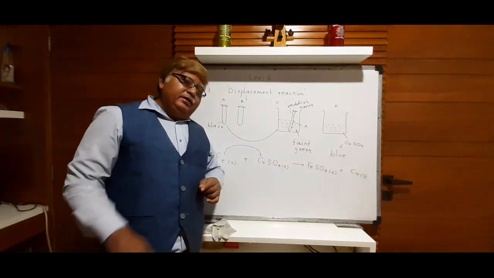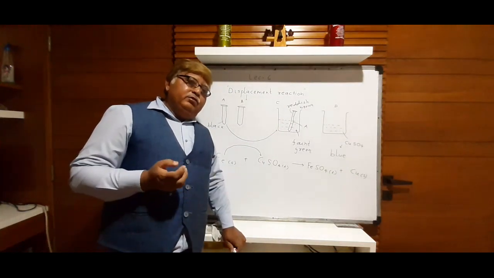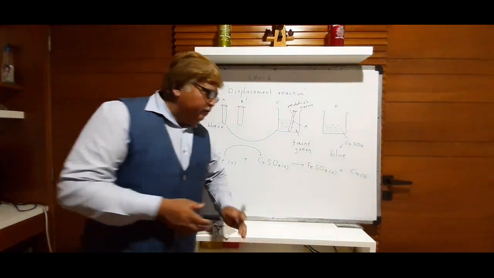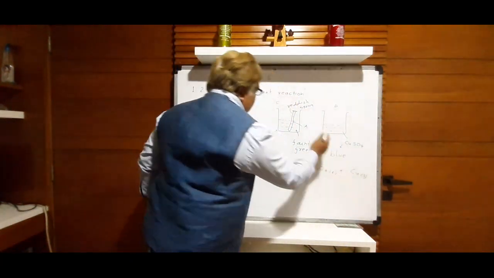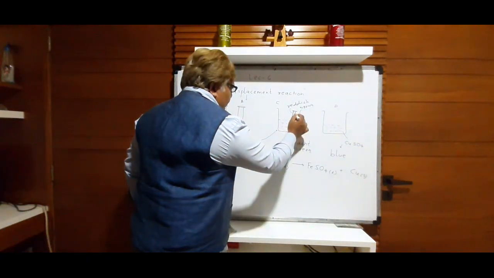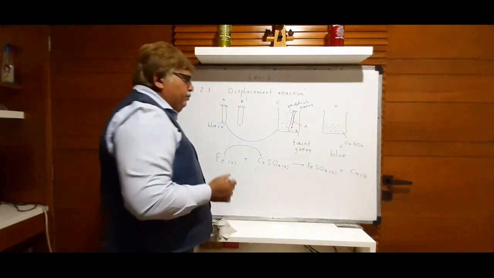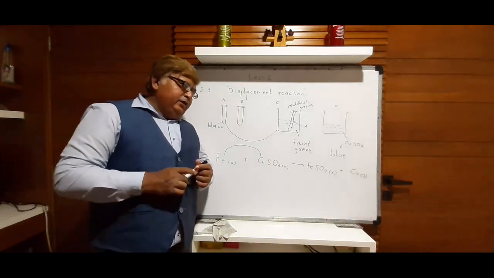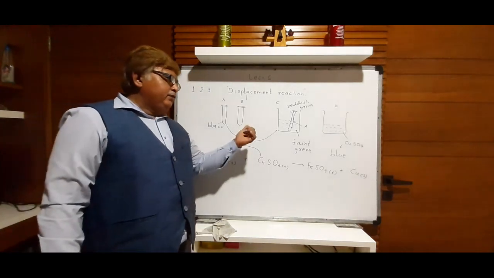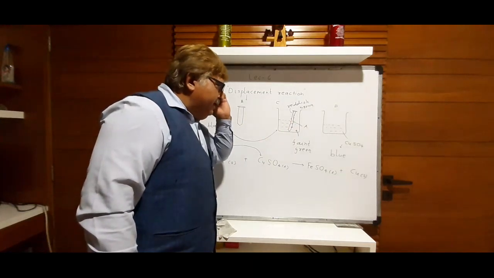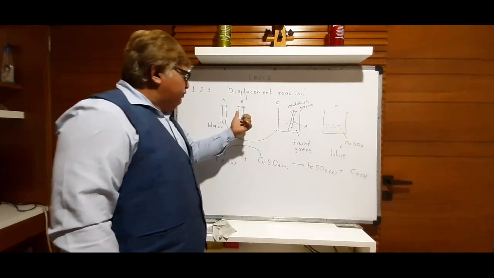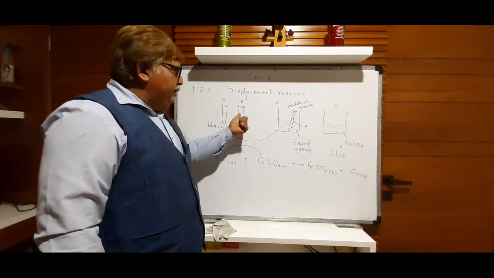And why did the iron nail, which was initially black, turn reddish brown? Because of the deposition of this displaced copper on the iron nail. So iron turns reddish brown in color. So here, my dear student, can you understand from this activity? If I ask you after the experiment gets over, what is the difference in the color of iron nail A and B?